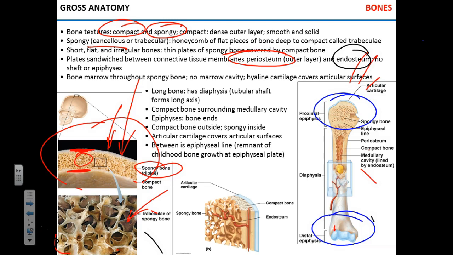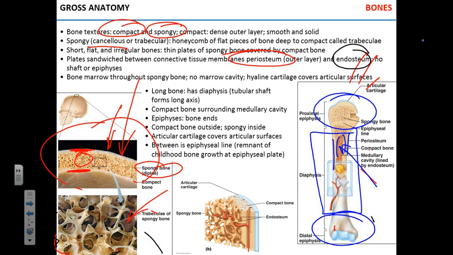It's closer to the trunk. This part of the bone is called diaphysis. The shaft of the bone is diaphysis. In the diaphysis, you're going to find the medullary cavity, which is usually in the adults. It is filled with yellow bone marrow. Outside of the bone is covered with periosteum, inside with endosteum.